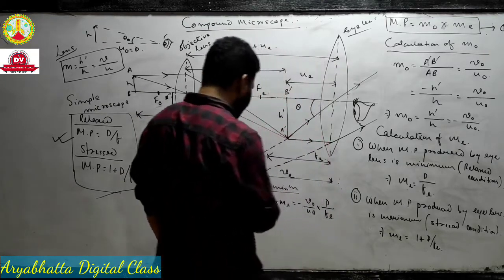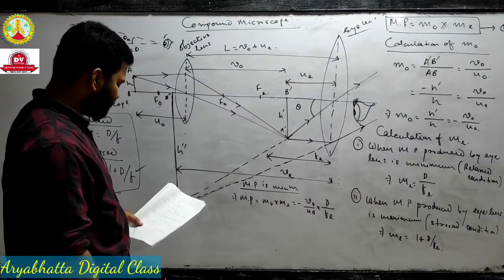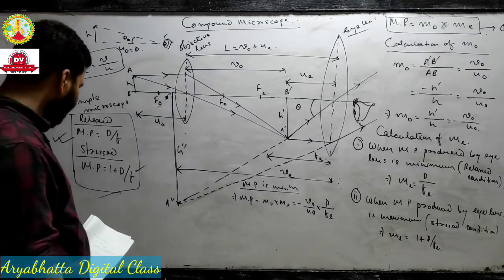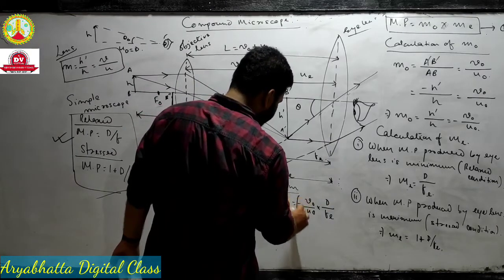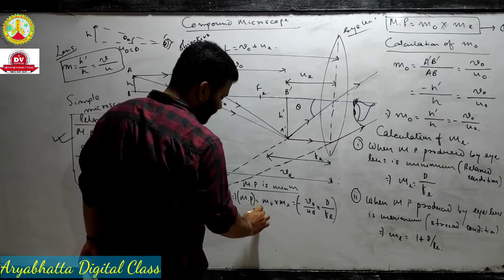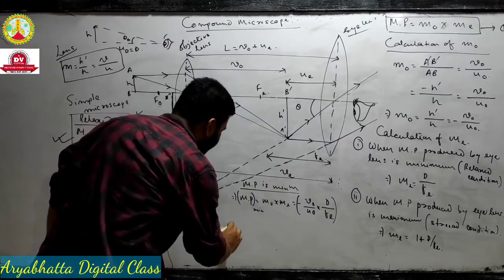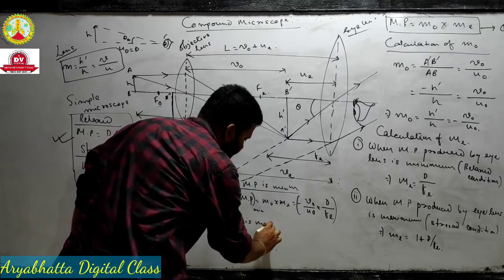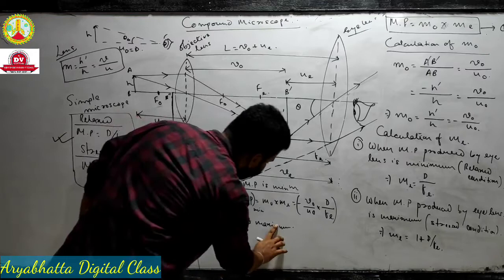So this is the formula for the minimum magnifying power, that is, minus V naught by U naught into D divided by Fe. This is the magnifying power when it is minimum. Minimum means, as you already know, relaxed condition. Now the magnifying power when it is maximum.